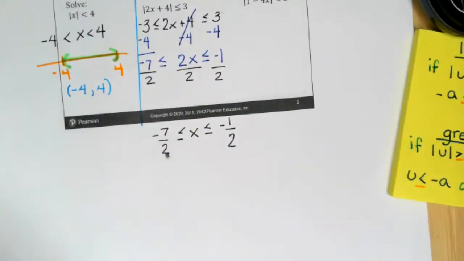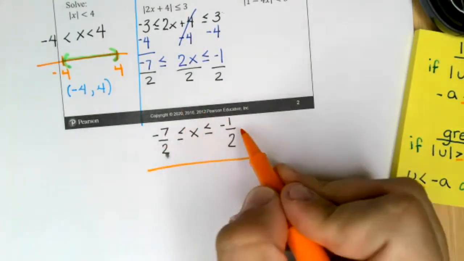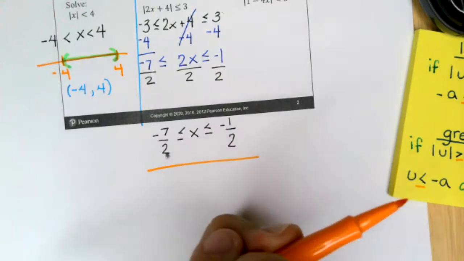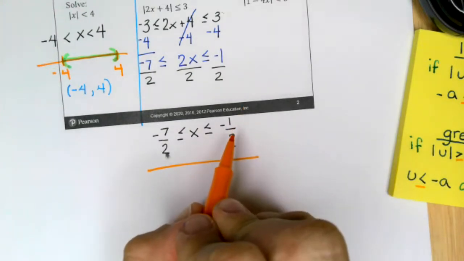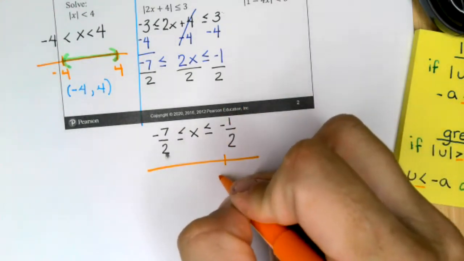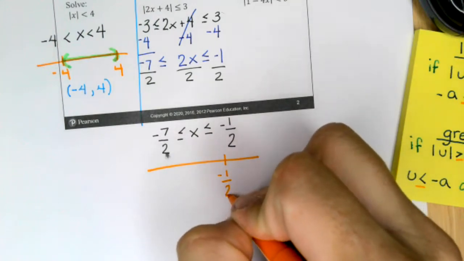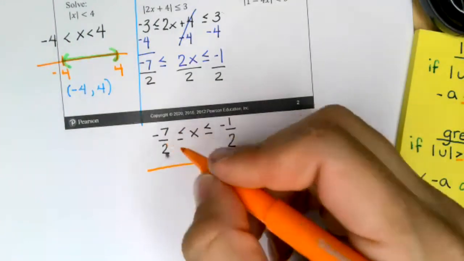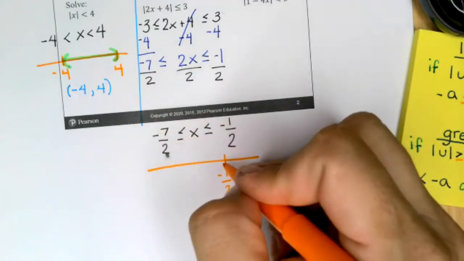Now we just graph it. Here's our line. Which one is bigger? Which one would be on this side? Negative 1/2 is here because negative 7/2 is actually 3.5, right?